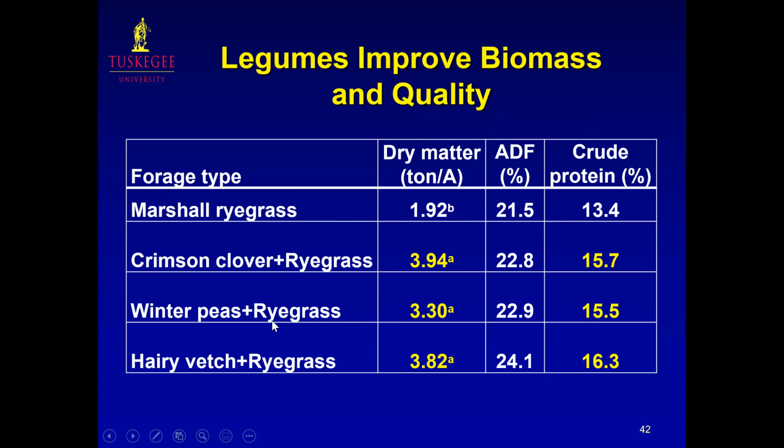Similarly, winter peas plus ryegrass 3.3 tons per acre, and hairy vetch 3.82 tons per acre. Similarly, you may have already noticed the crude protein. If you look here, 13.4 for sole ryegrass. However, when it was combined with one of the leguminous forages, it increased significantly. You can see there.